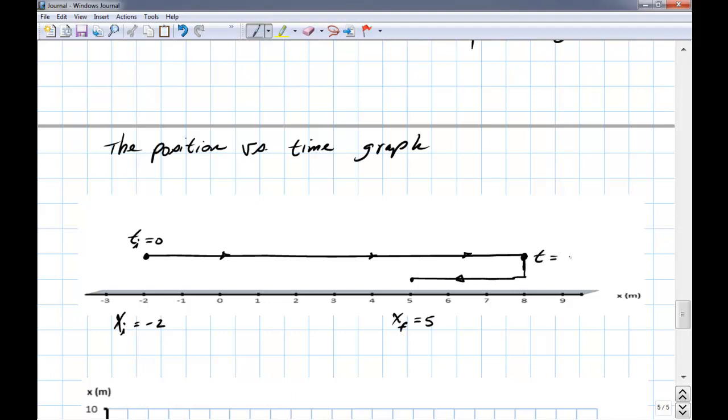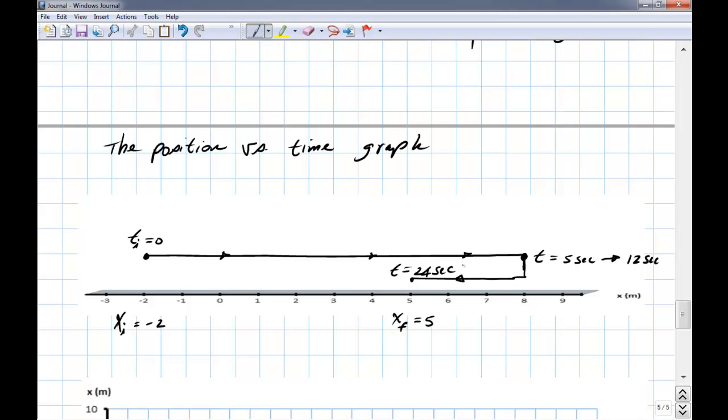So the time right here is 5 seconds. We'll also assume that the person decided to stop at this location and take a break until a time of 12 seconds. So this is a time of 5 through 12 seconds. Next, we'll assume that the person reaches a location of 5 meters at a time of 24 seconds. So the time over here equals 24 seconds.